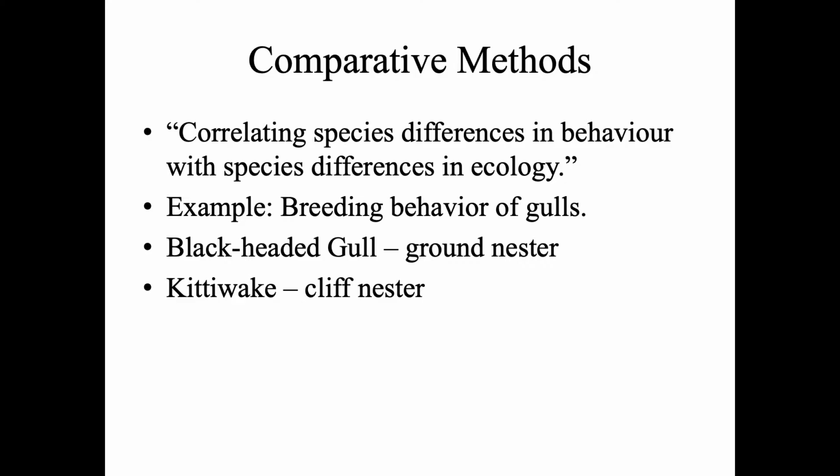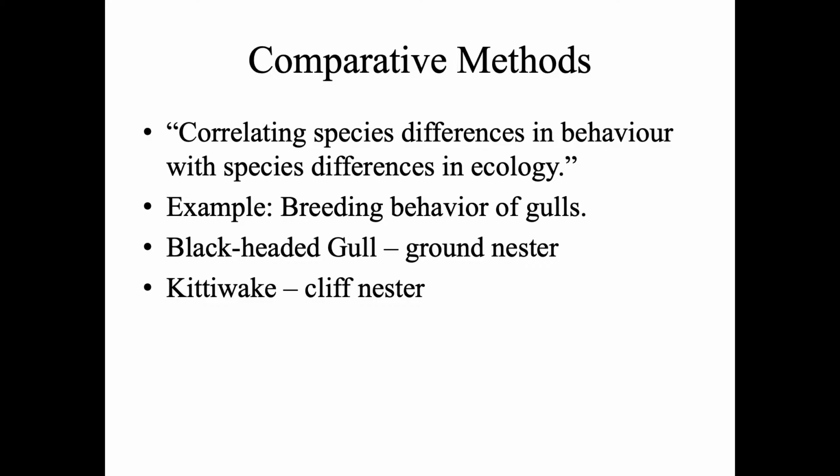So you're already familiar with methods that look at individuals and use experimentation. You've been doing this all 4 years you've been here, or all 3 years you've been here. You're probably not familiar with what's known as the comparative method, so that's what I want to spend most of our time today talking about.